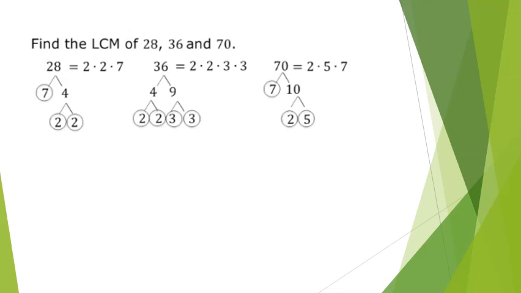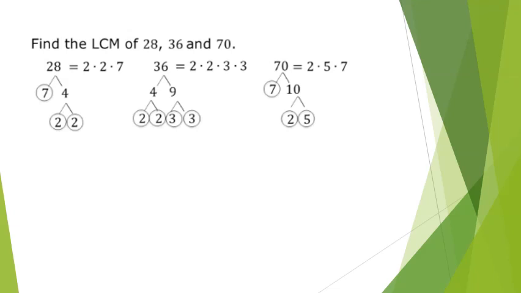For 70, the prime numbers are 2 times 5 times 7. Now remember why they're called prime: there are no other numbers besides itself and 1 you can multiply together to get it. So we have the prime numbers listed, and we did everything we need to do in the first part of finding the LCM.